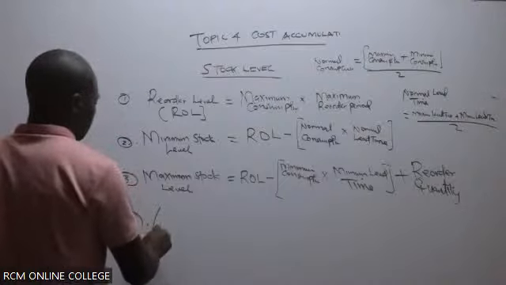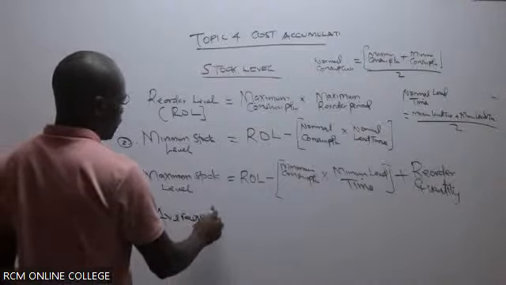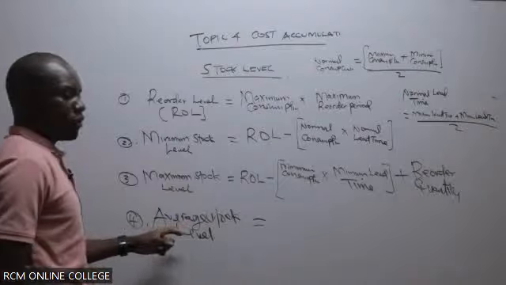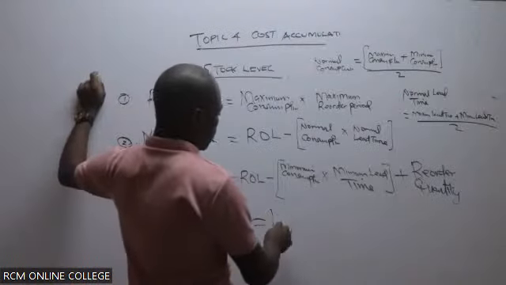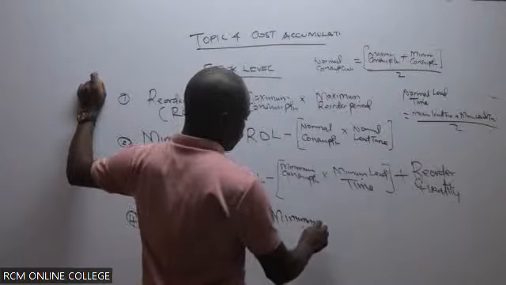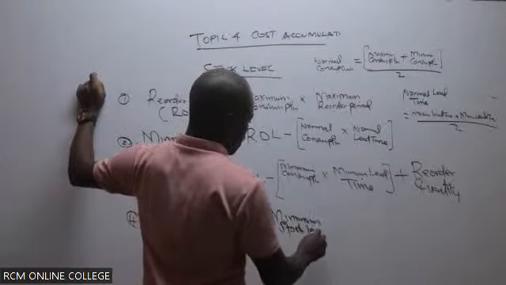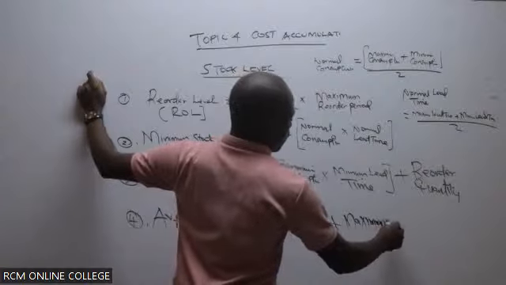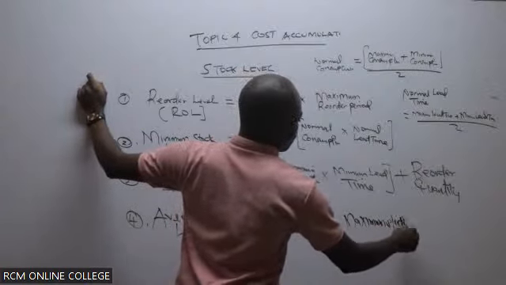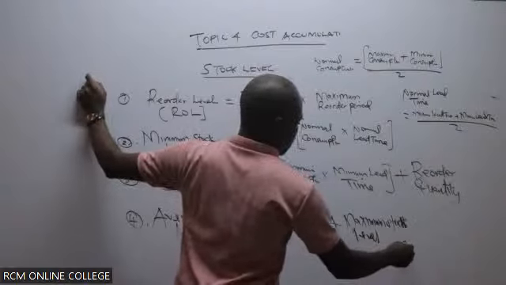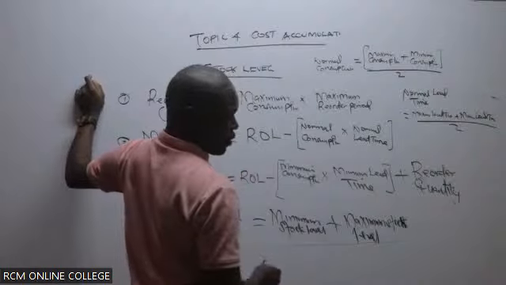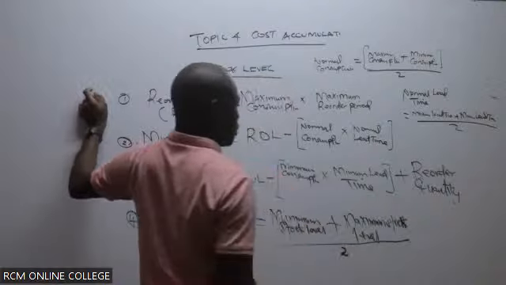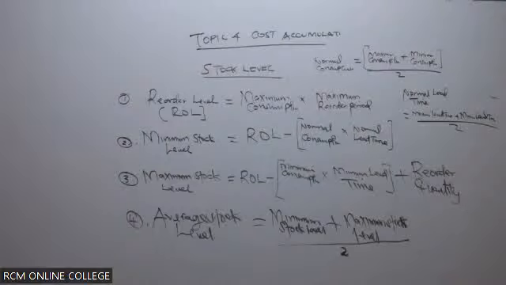So this average stock level will be minimum stock level plus maximum stock level, then everything there you divide by 2.